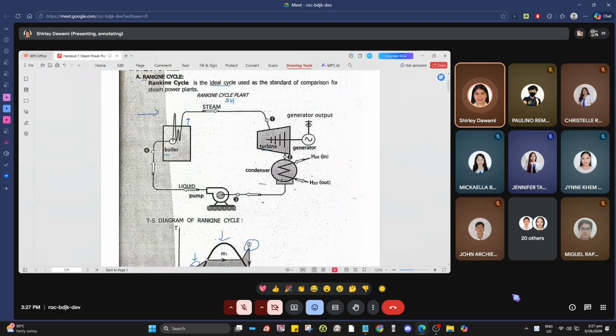That is the Rankine cycle. We should already be familiar with the Rankine cycle, since all the remaining cycles used in power plants are improvements from the Rankine cycle.